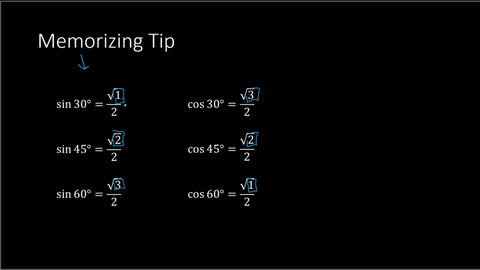And if you're forgetting which one is increasing and which one decreases, one way you can remember is sine starts with an S. We start with the smaller number. So smaller starts with S as well. So we start with the 1, and then 2, and then 3. Whereas cosine is not the smaller number. We start with the bigger number, start with the 3, and then decrease to get 2, and then 1. So that's a quick way to memorize the sine and cosine.